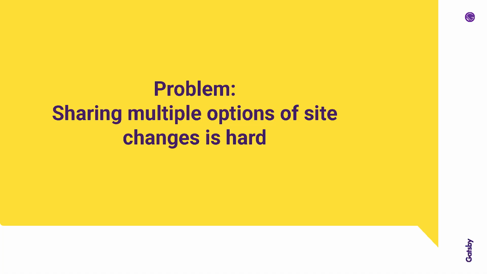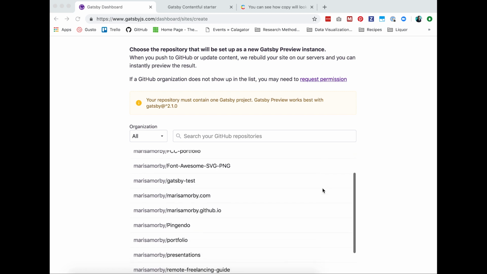And then another problem that we saw was sharing multiple options of site changes is hard. And we also talked about this a little bit today as well when we talked about having version history and being able to have different types of previews on the same URL. But right now what we're able to do is branch support.